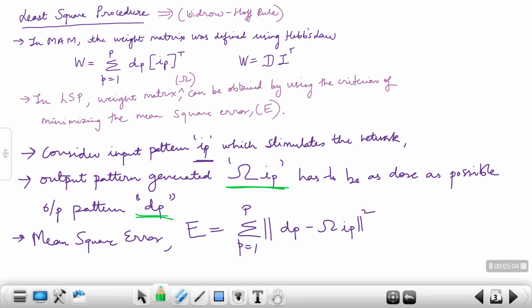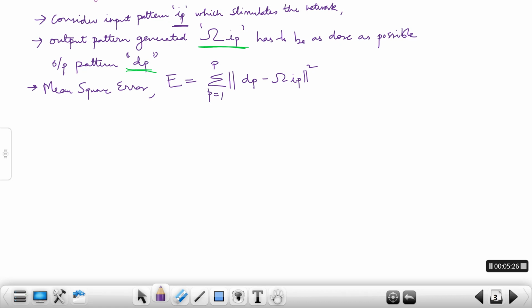E is a quadratic function, as you can see, whose second derivative is positive. So we need to find the weights such that they minimize the error, and based upon that we will find the values of omega. I can simplify this equation further.